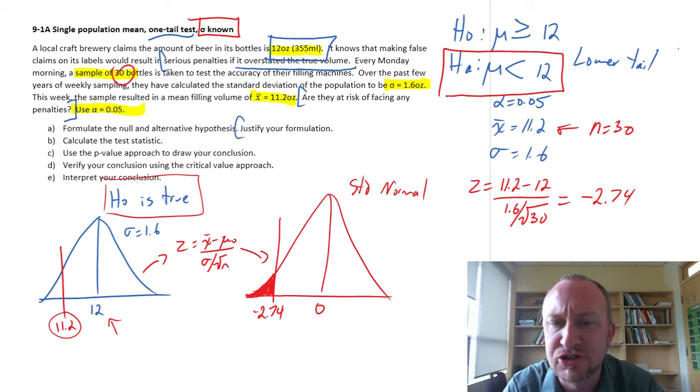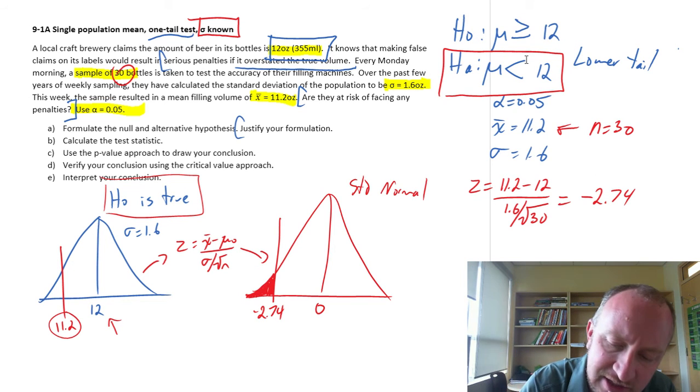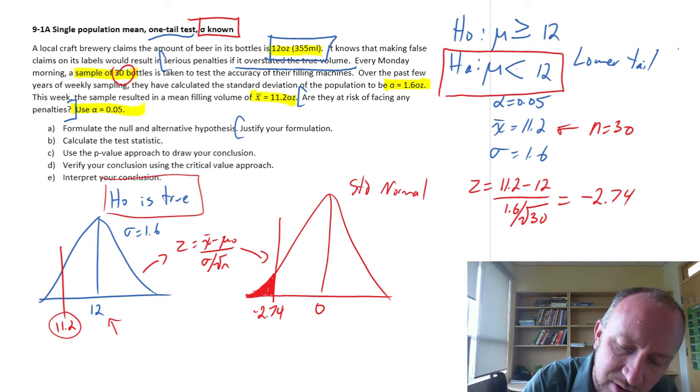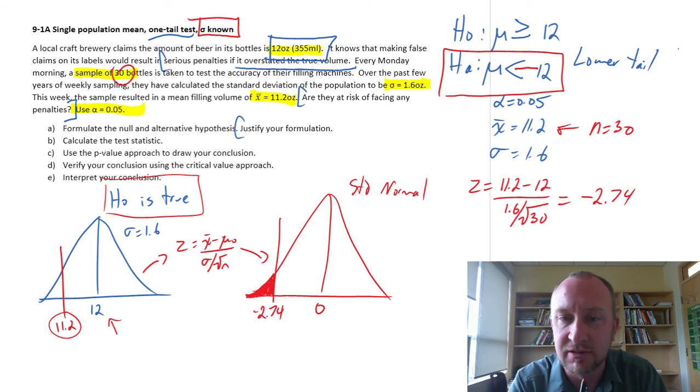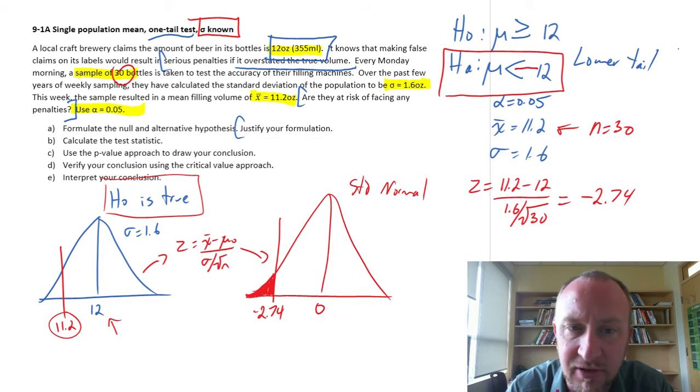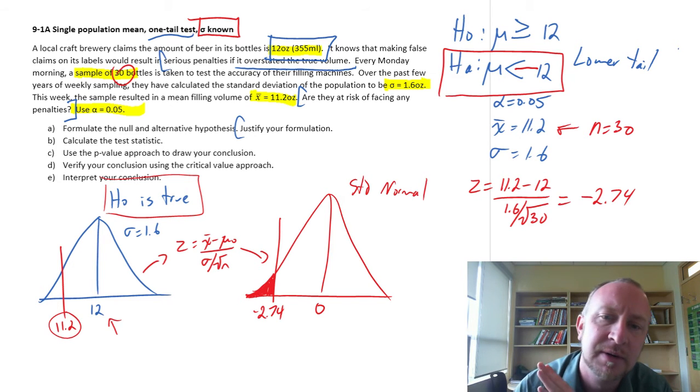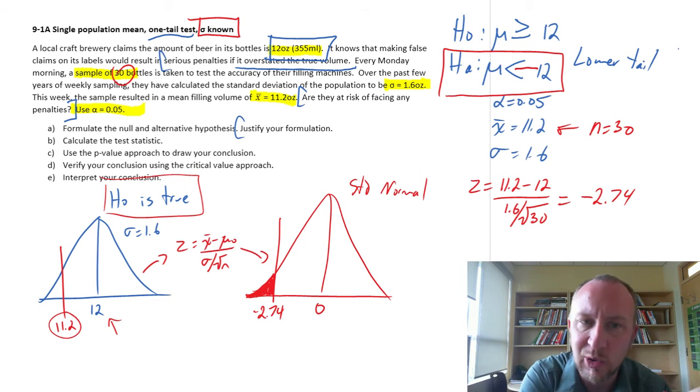If you're not sure whether it's lower tail or upper tail, I always tell my students, look at the direction of the inequality. It's like an arrow pointing into the side of the distribution where your rejection region is and where your probabilities are going to come from. So for a lower tail test, we want that probability in the lower tail.